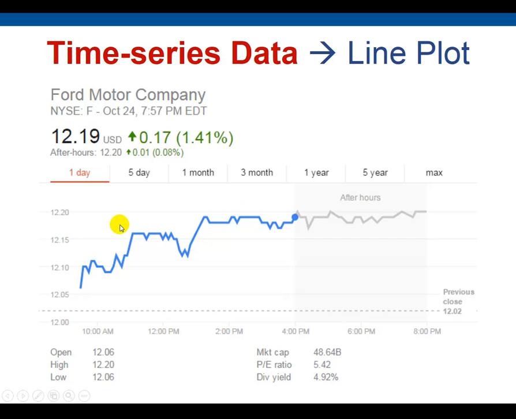This is the stock price of Ford Motor Company in the last year. We can express this stock price using a scatter plot, but instead we can simply draw a line so we can see the trend in terms of time. So if you have time series data, then a line graph is a good solution to visualize your data.